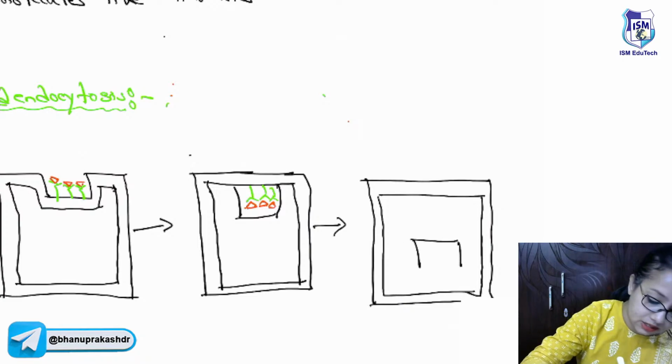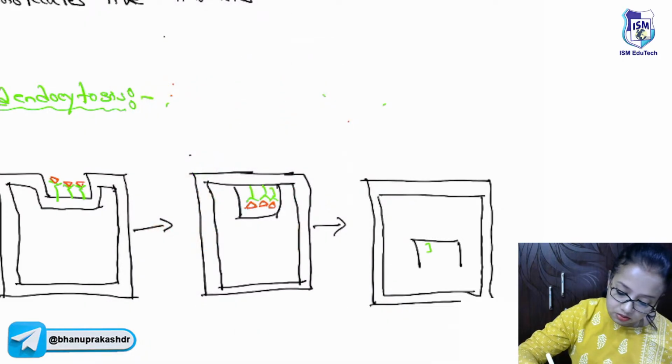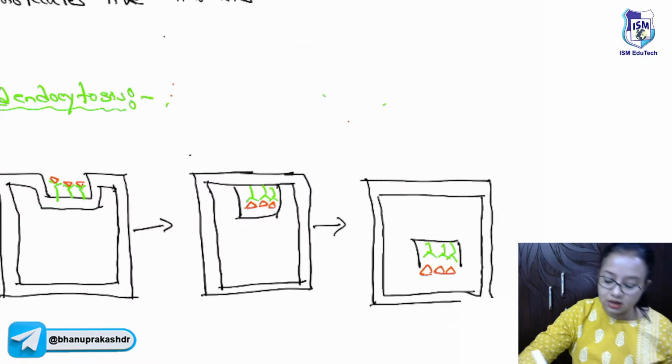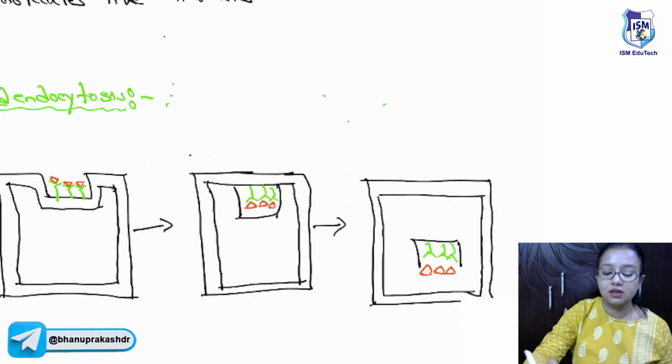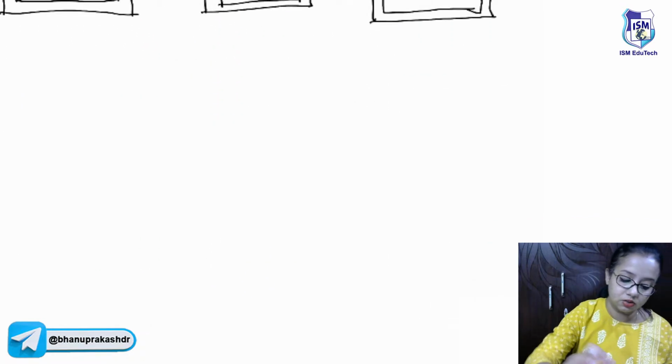This will lyse out, and ultimately the molecule will rupture out of the vesicle and come into the cell. This is all about our endocytosis.